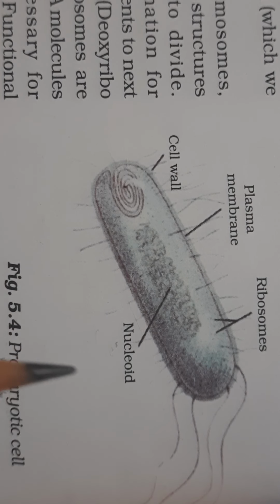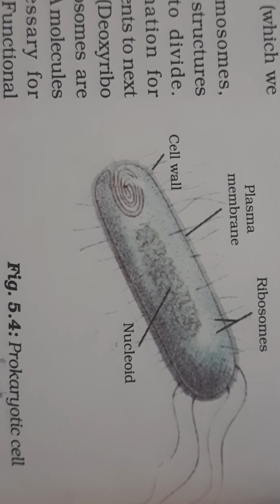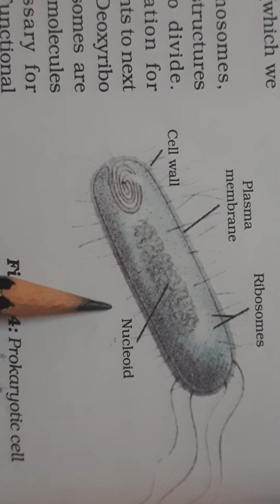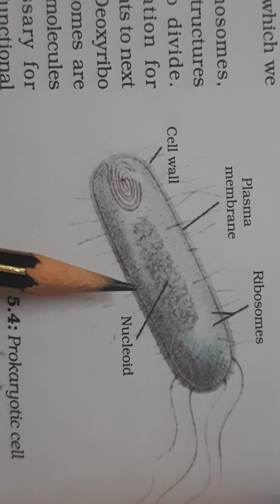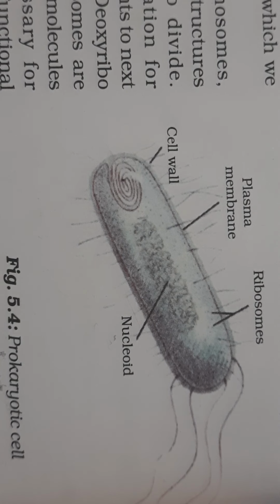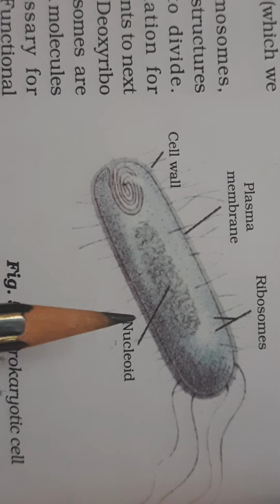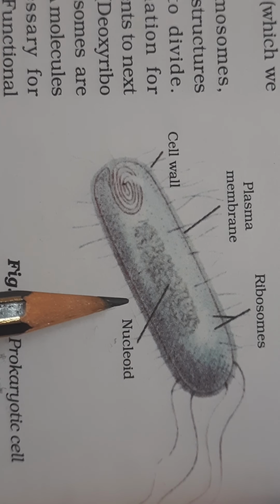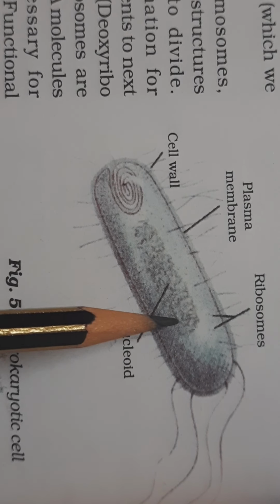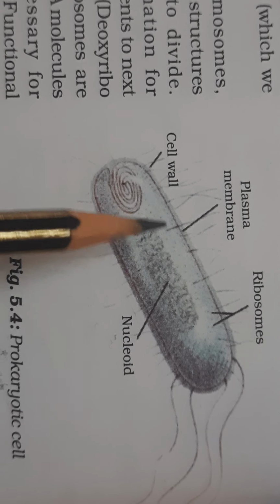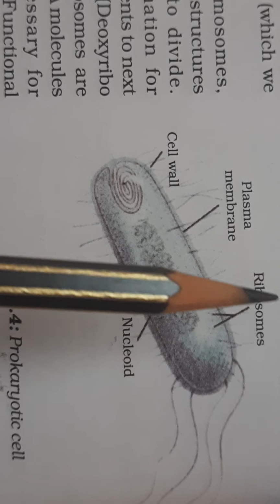All the organisms, the plant cells, the animal cells, all animals, we all are eukaryotes, and bacteria are prokaryotic. Prokaryotic cells not only lack the nuclear region, they also lack many of the other cytoplasmic organelles. Inside the cytoplasm they do not have other organelles also.